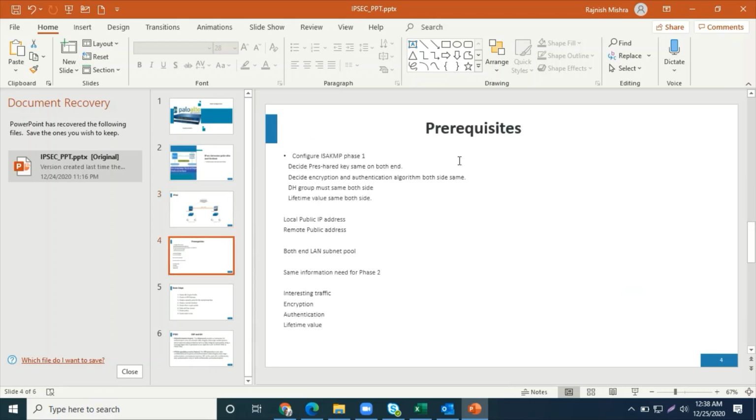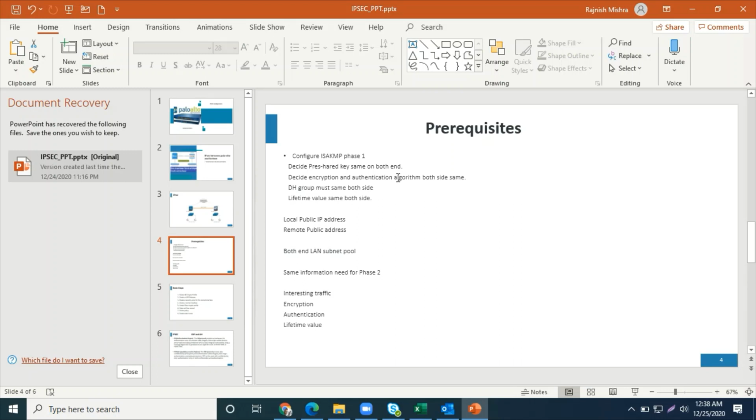So this is a prerequisite of configuration. We know about the phase 1 and phase 2 configuration. For phase 1, we have the predefined key, the pre-shared key, which must be the same on both sides. We know about the encryption and authentication algorithm, and this method must be the same on both ends.